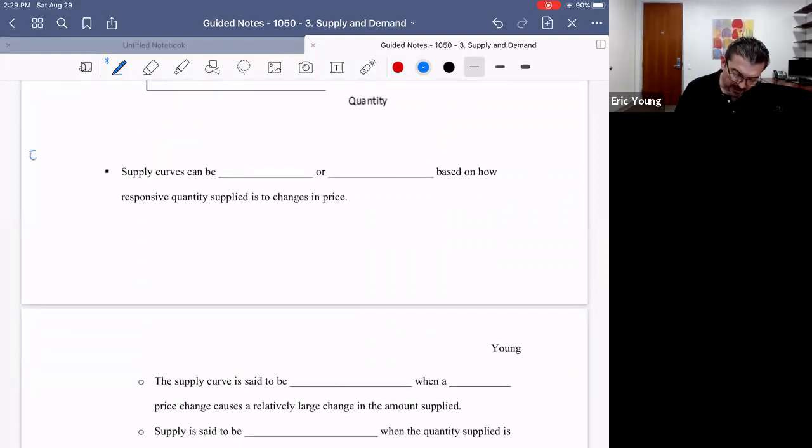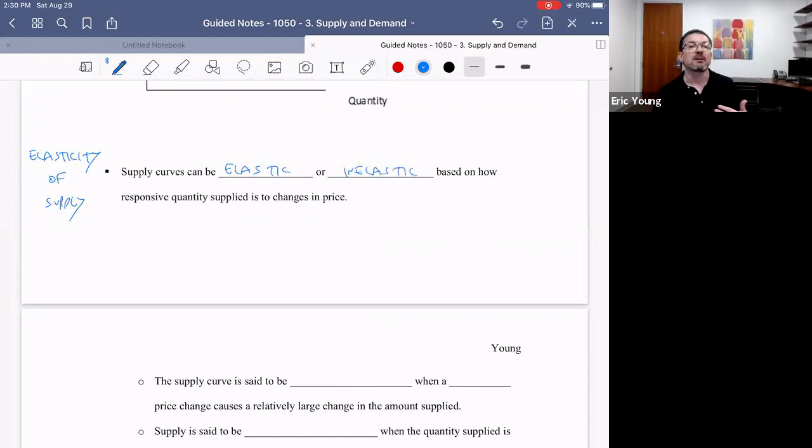Finally, let's jump in to our concept of elasticity of supply. We know that supply curves can either be elastic or inelastic. Again, elasticity is a measure of responsiveness.